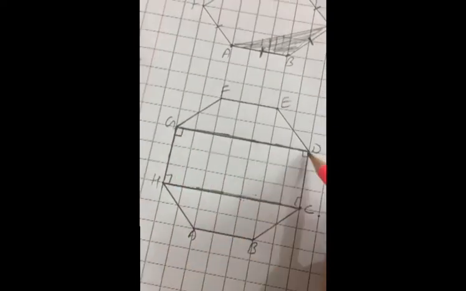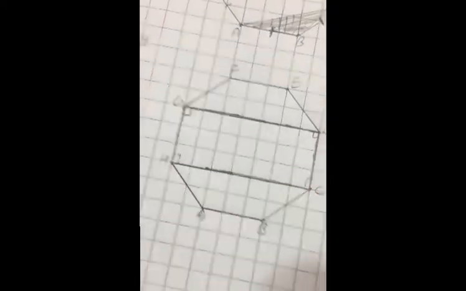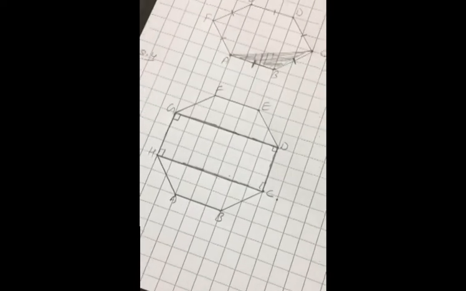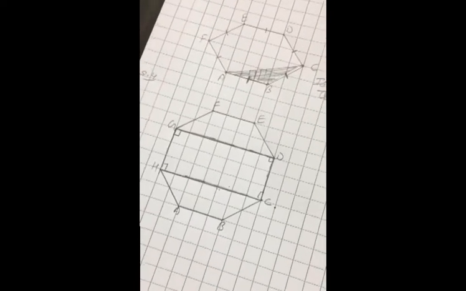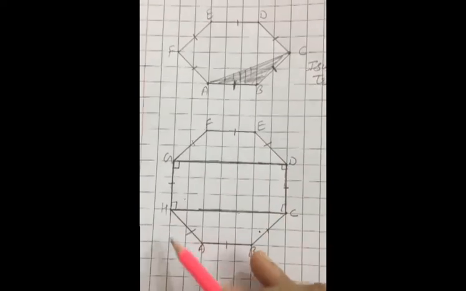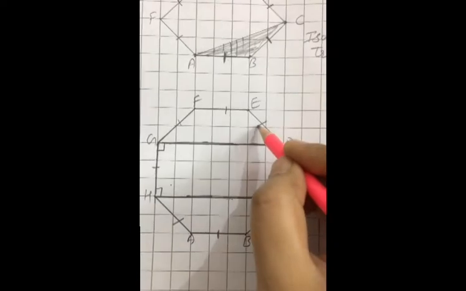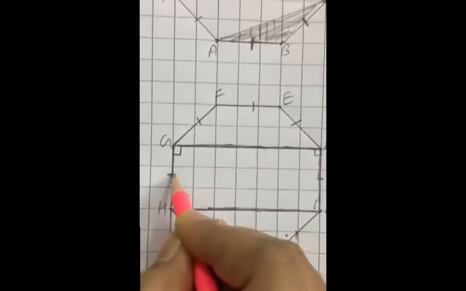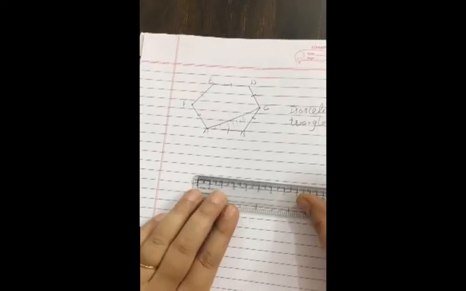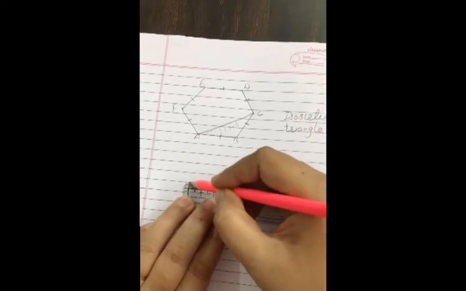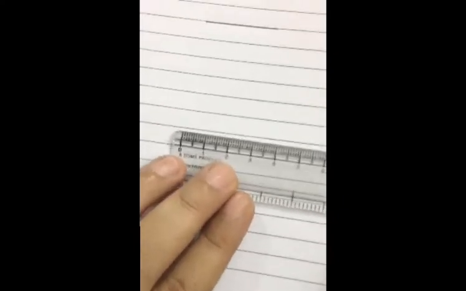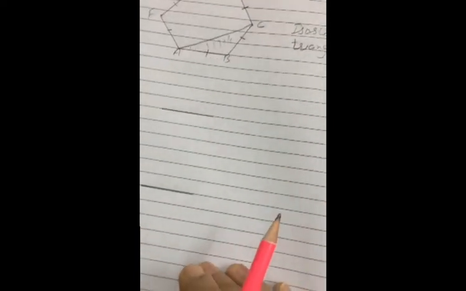Now we will make it one more time, but not on this notebook. We are taking another one. Students, as this is a regular octagon, it is compulsory to mention that all sides are equal. See, 3 centimeter, a rough idea, just here also take 3 centimeter, just down to it. Here also take 3 centimeter.